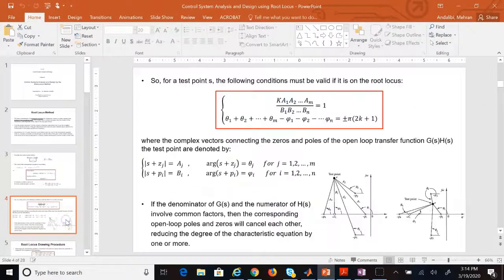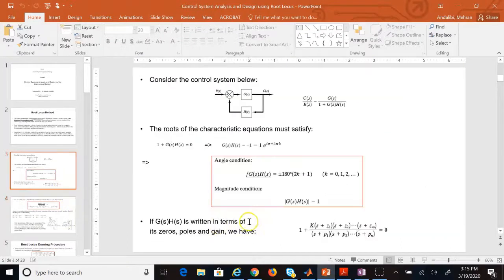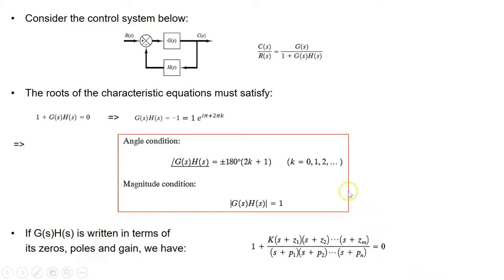Okay, so now remember that all of these Z's and P's in general can be complex numbers, okay? So they are not always real numbers. Why? Because we broke down everything into linear terms, correct?